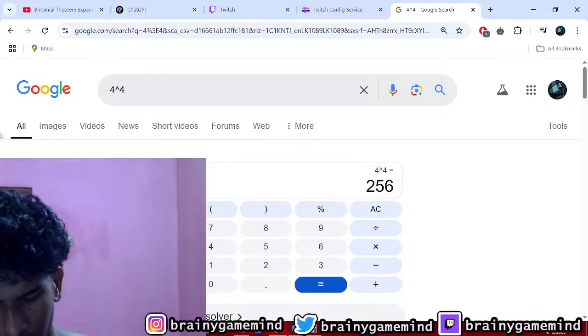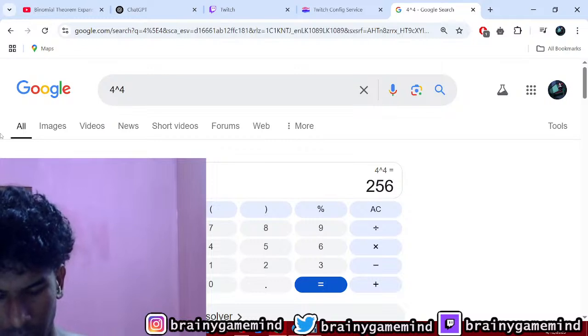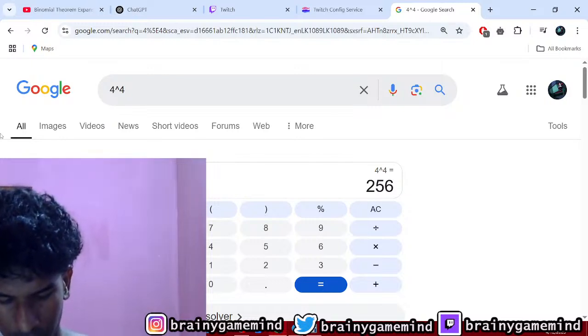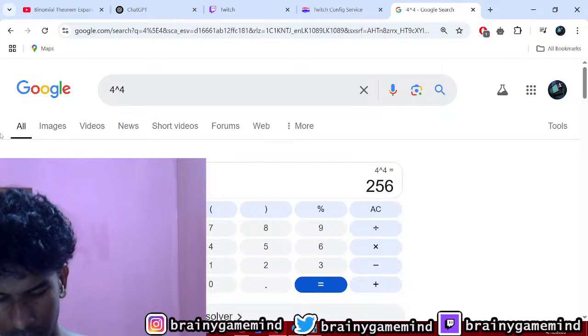6 C 4 equals n factorial divided by r factorial times n minus r factorial. N is 6 factorial, 4 factorial, 6 minus 4 factorial.